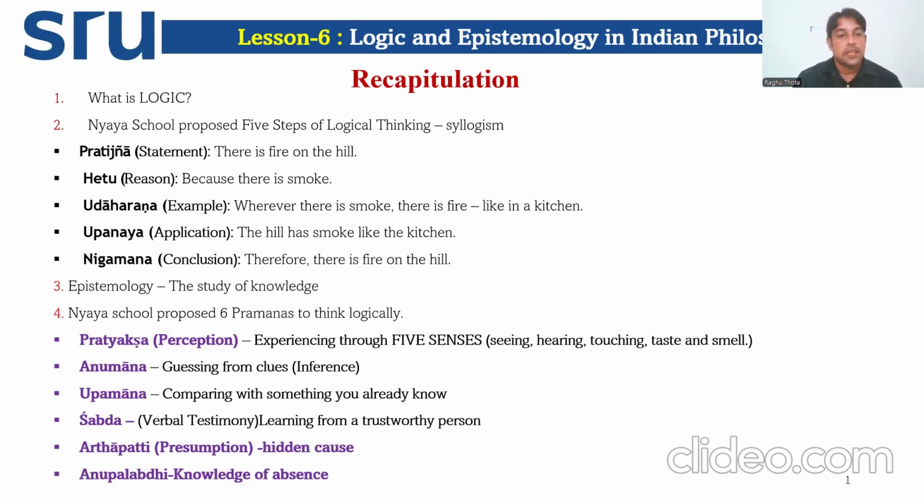Upanaya, application. The hill has smoke like in the kitchen. So similarly, like in the kitchen, the hill also may have smoke because there is a fire. Nigamana: finally come to the conclusion that therefore there is a fire on the hill. By following all these steps, we can come to the conclusion that yes, there is a fire on the hill.